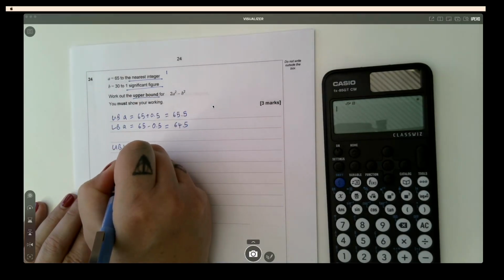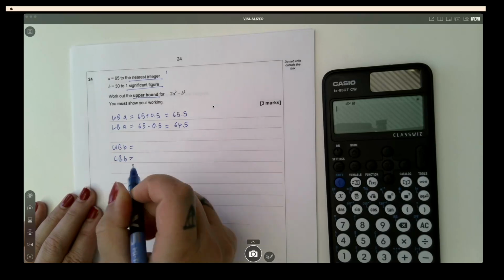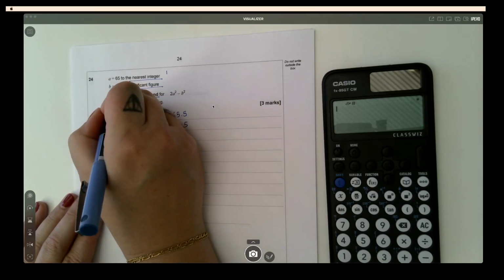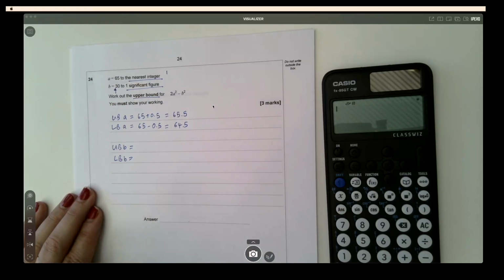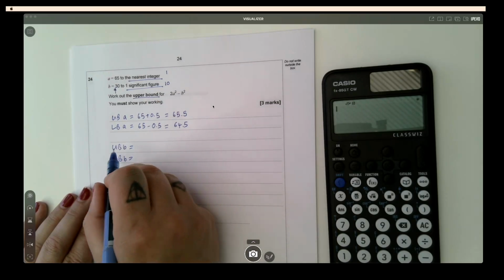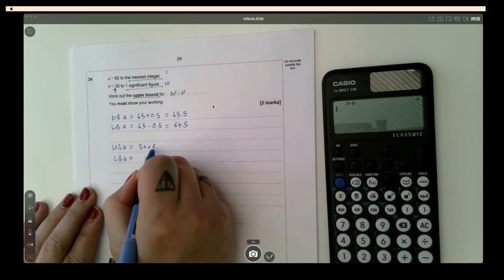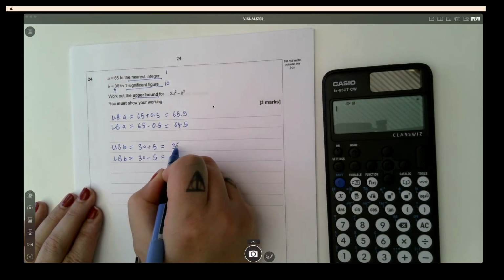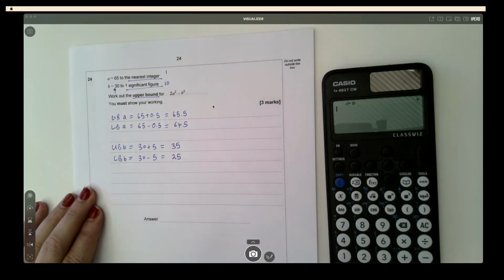So we want the upper bound and we want the lower bound. So b is rounded to one significant figure. The first significant figure is the 3, which is in the tens column. Half of 10 is 5, so the upper bound we would add 5, and the lower bound we would subtract 5. So 35 and 25.